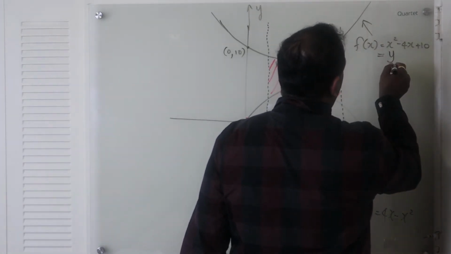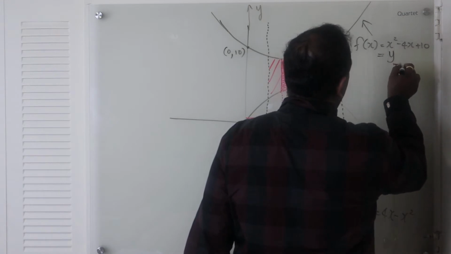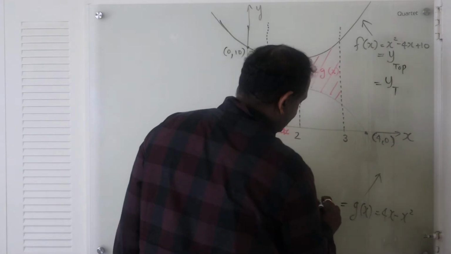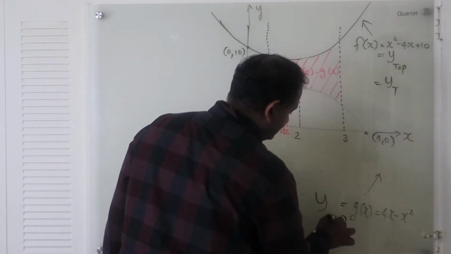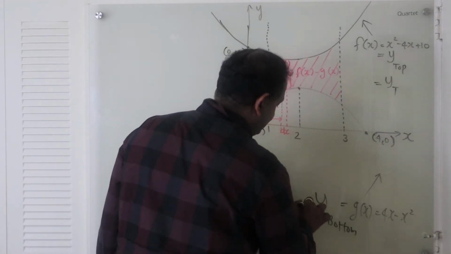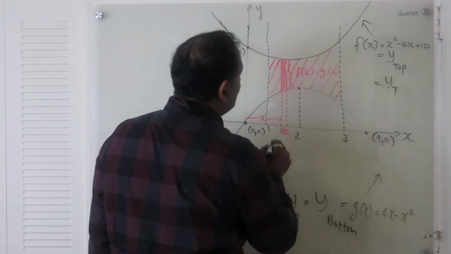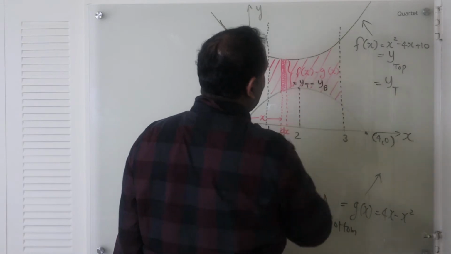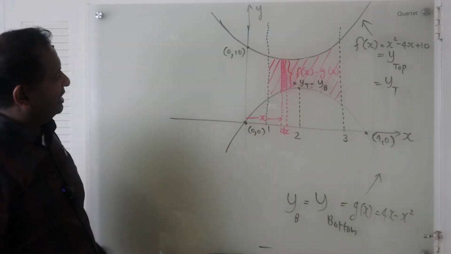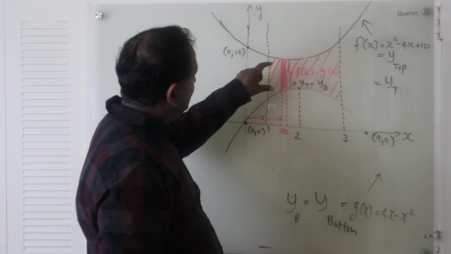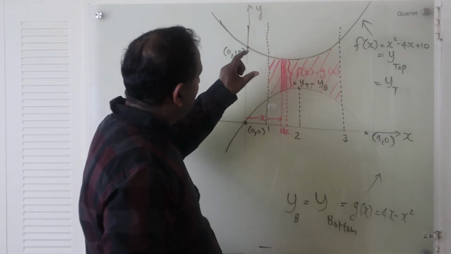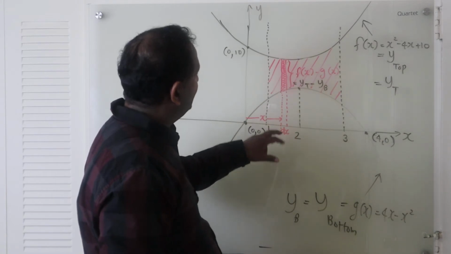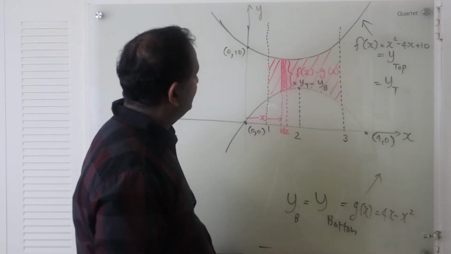Since it's on the top, I'm going to say y top, yt. This one, y bottom, abbreviated yb. So this is yt minus yb. I got an infinitesimally small vertical strip of width dx and height f of x minus g of x.